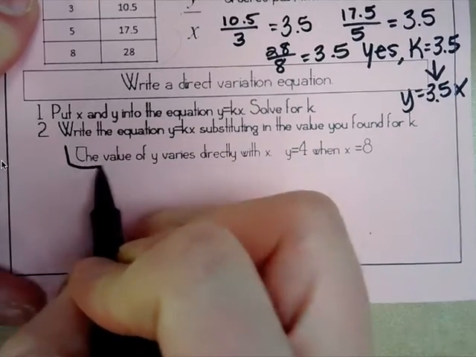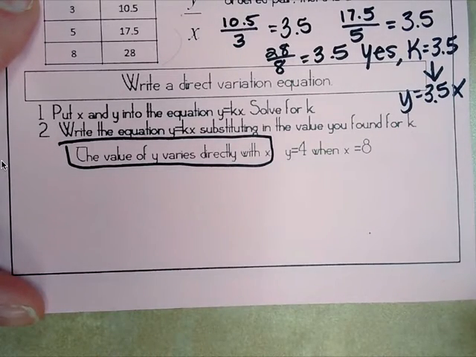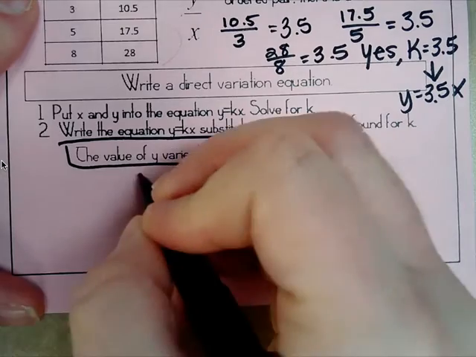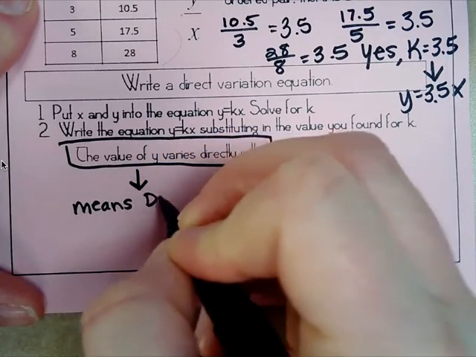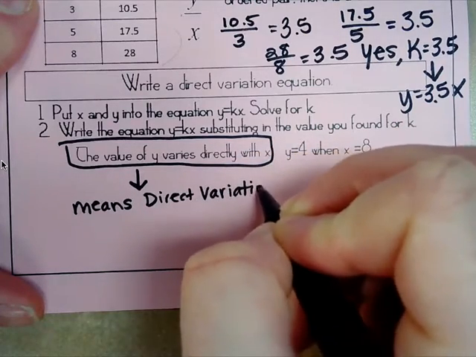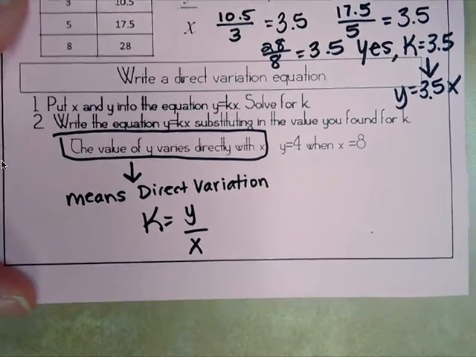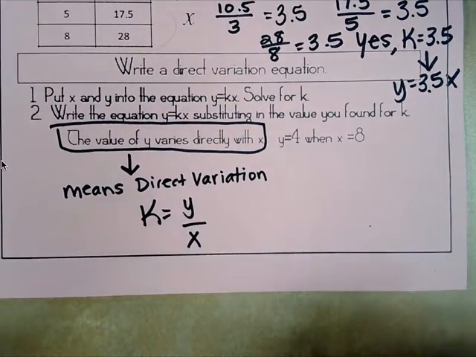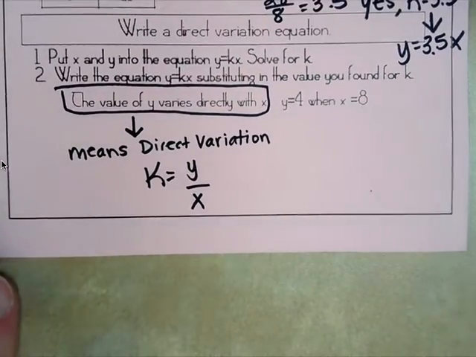If you see this, the value of y varies directly with x, then that means it is a direct variation. So you can do k equals y over x. That's actually an easier way to find the equation. Just do y divided by x and then write the equation.